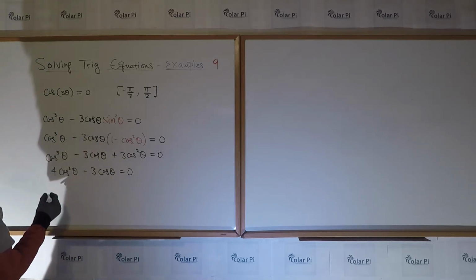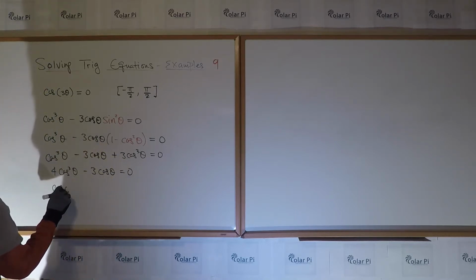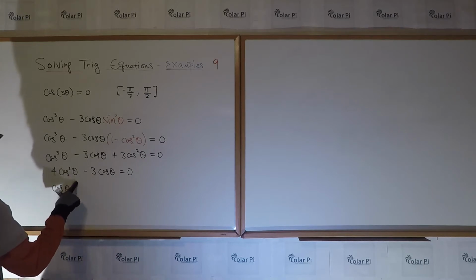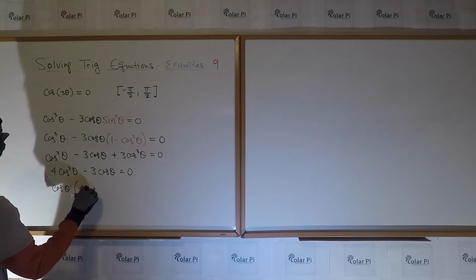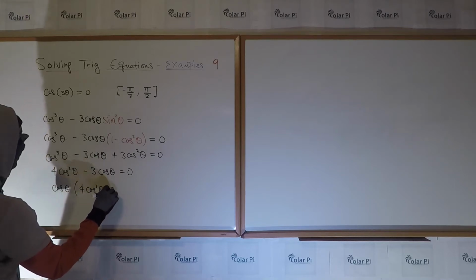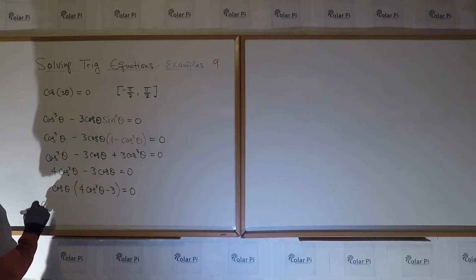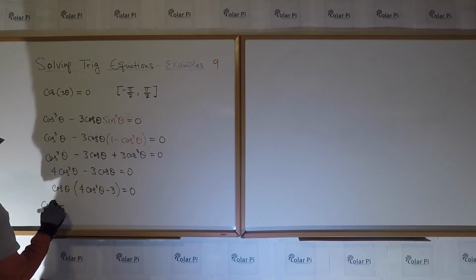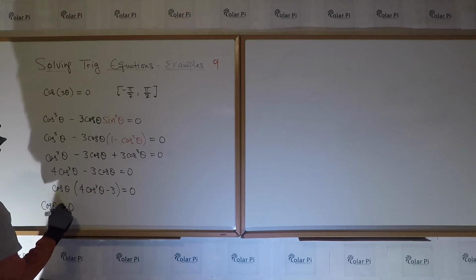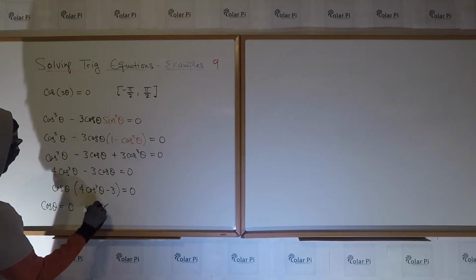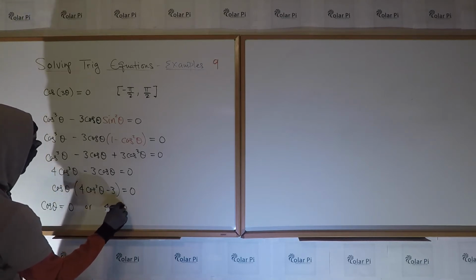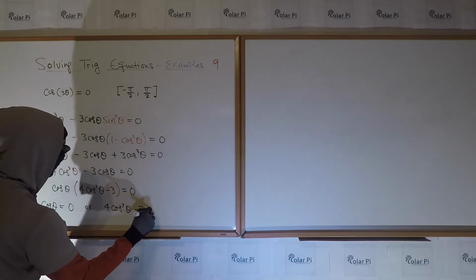Okay, and from here I could factor out a cos theta, and when I do, I get cos theta times 4 cos squared theta minus 3 equals 0. And this will be true if cos theta equals 0, or if 4 cos squared theta minus 3 equals 0.